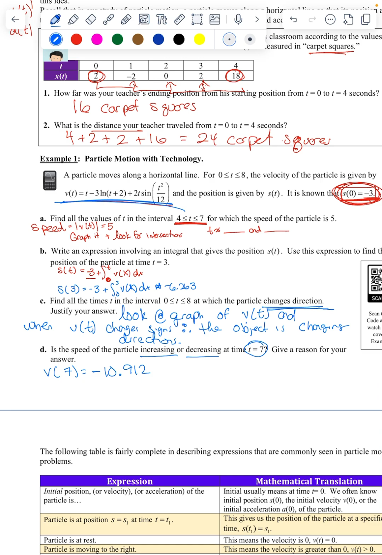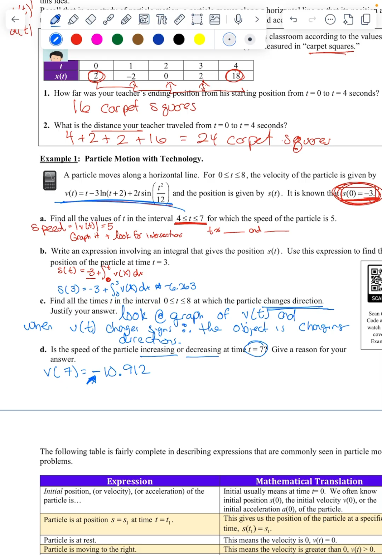Okay, so this negative right here just tells us that the velocity is 10.912, whatever the units are per second, in the opposite direction. That's all that this negative tells us. So it doesn't really tell us if the particle at that moment is increasing or decreasing.